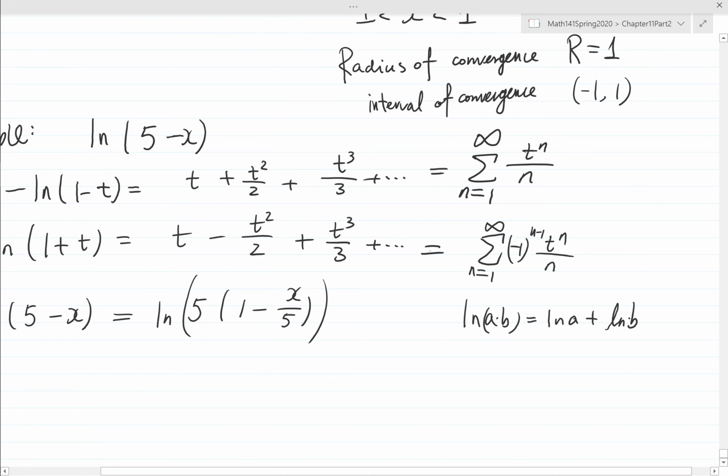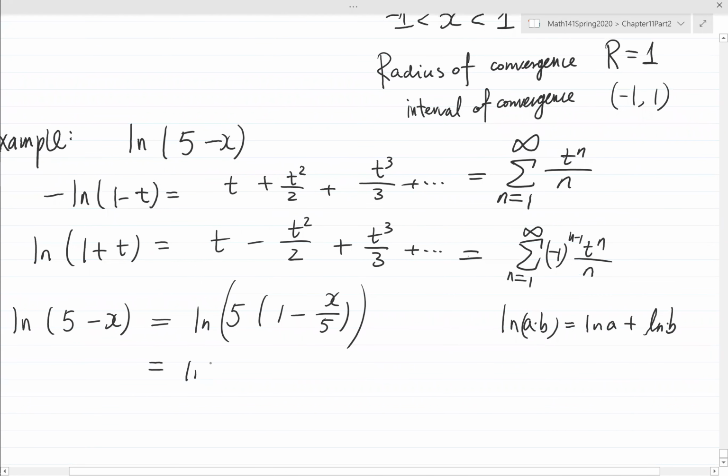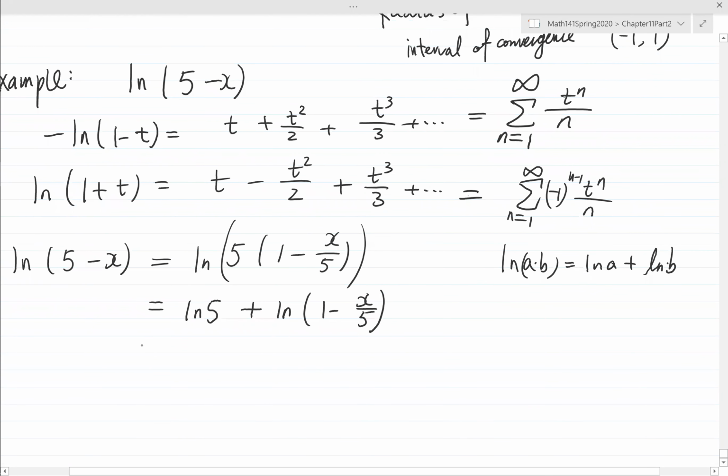Using this property, we can write it as ln 5 plus ln(1 minus x over 5). Now ln 5 is a constant. For the second part we apply the power series representation for ln(1 plus t), taking t to be negative x over 5.